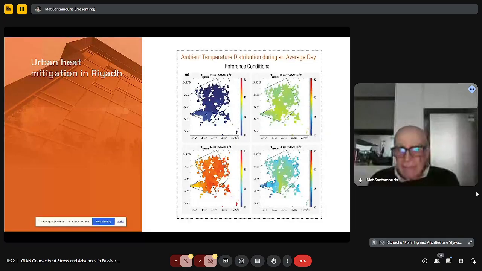So we have defined the reference conditions, which really refer to the actual conditions. The analysis of the climatic data from the 16 stations provides important information, but does not provide a detailed temporal and spatial variation of the main climatic parameters in the city.